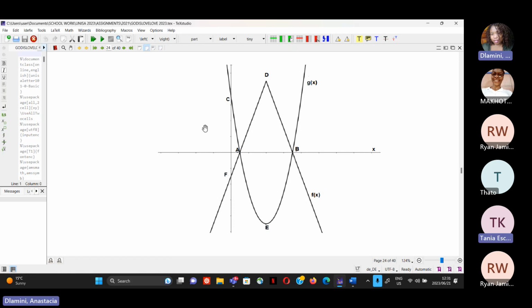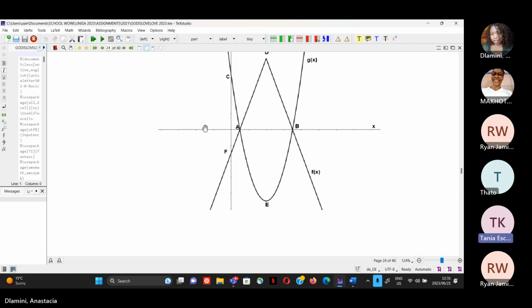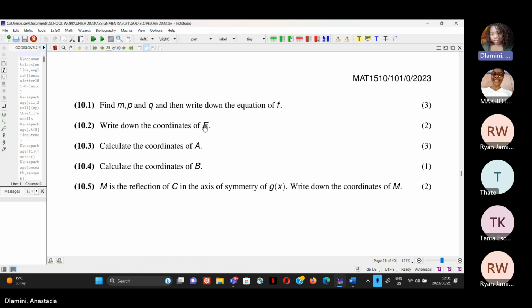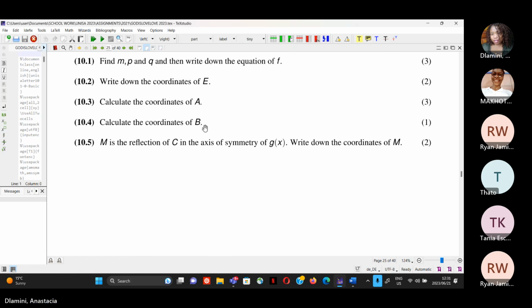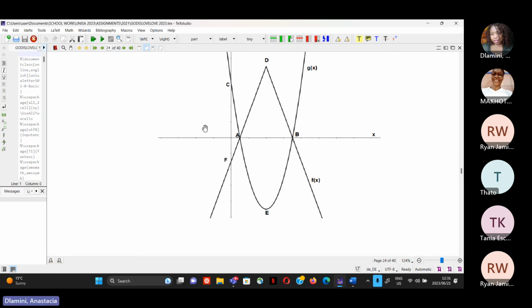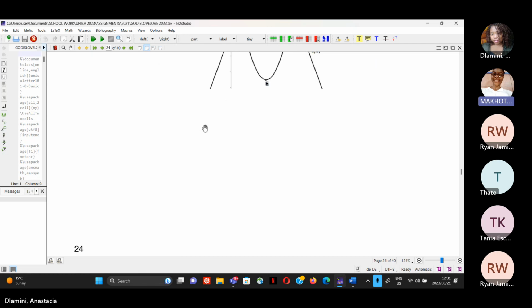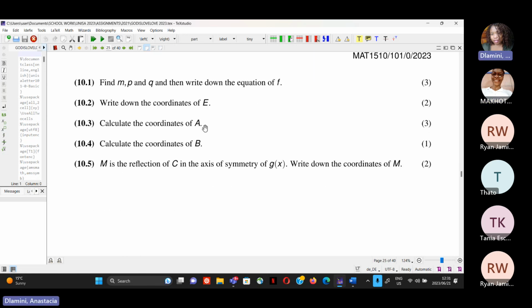The roots are also called the x-intercepts, by the way. So what is A? It's an x-intercept. Brian says the roots, yes. Calculate the coordinates of B. What is B? B is the other x-intercept. So was I supposed to give you one? Because if you were calculating A, you already found B.